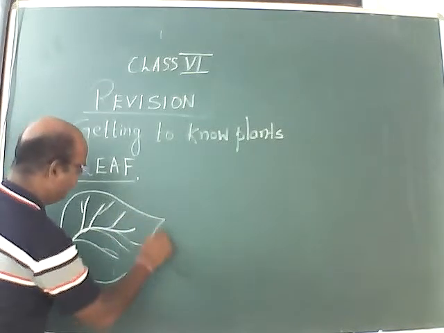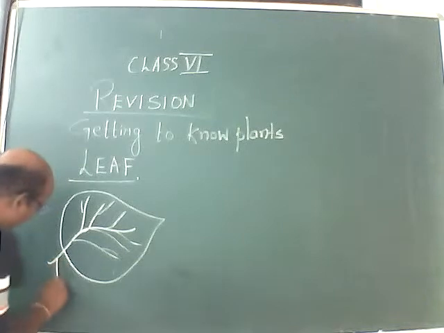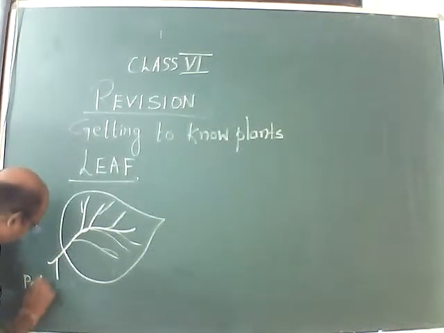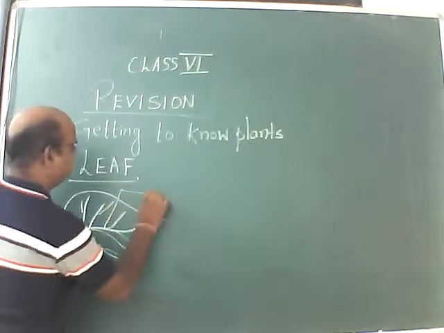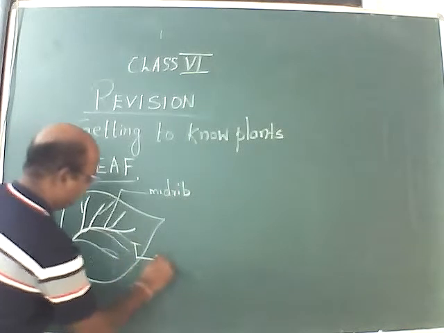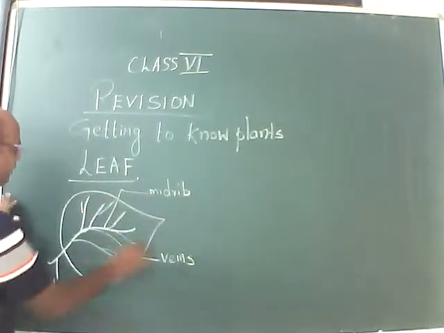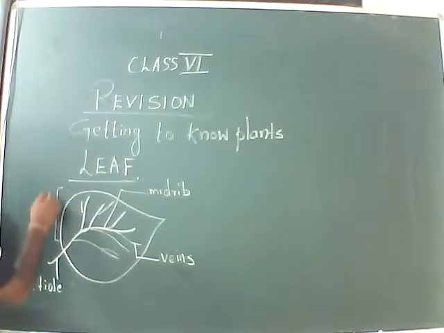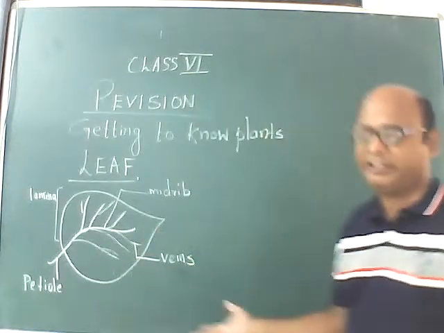So here this is petiole, this is midrib, and these are veins. And the flat green portion we call lamina. This we already studied.